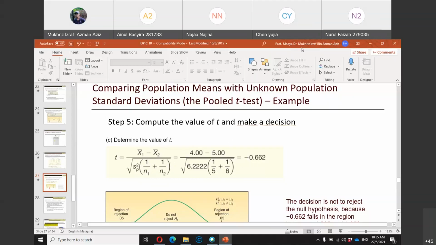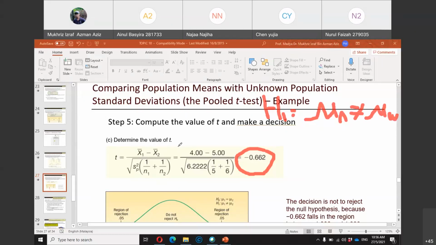If you look at this number here, negative 0.662, you get this number because you put Wellis minus Atkins. If another student were to put it the other way around, in the H1 she puts mu of Atkins not equal to mu of Wellis, then in the calculation it will be the other way around.